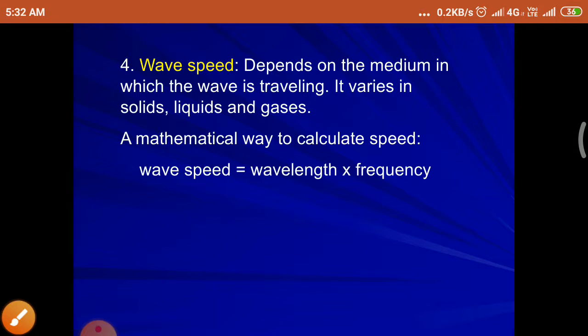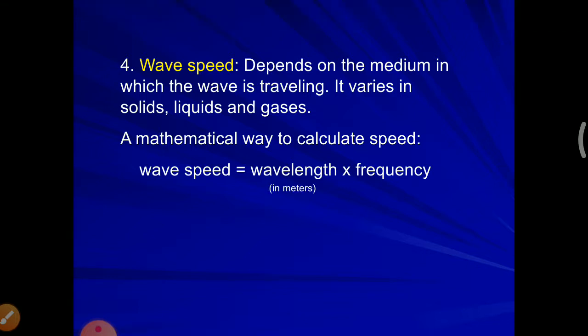In a mathematical way, how can we calculate the speed? Wave speed equals wavelength times frequency. We already know the wavelength and frequency. The wavelength is the distance between one crest and another crest, or one trough and another trough in a transverse wave. The frequency is the number of waves passing a particular point in 1 second.